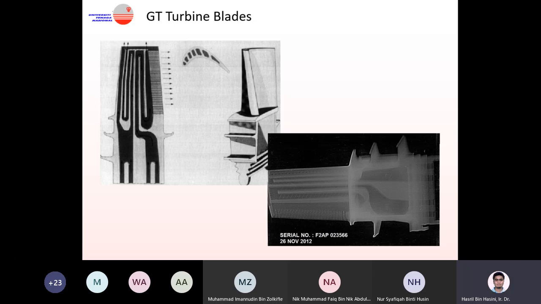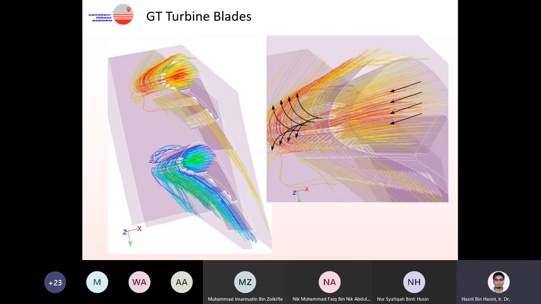Some of the air will channel through the core shaft, and then enter the blade just to cool down the blade, and then it will exit towards the back of the blade. We call that the trailing edge of the blade. So this is an X-ray illustration of the cooling hole for that particular blade. This is how we protect our first stage blade from melting, due to the hot combustion exhaust gas.